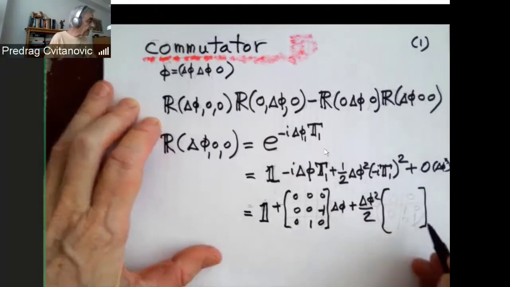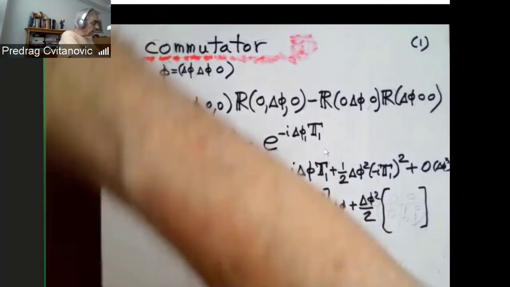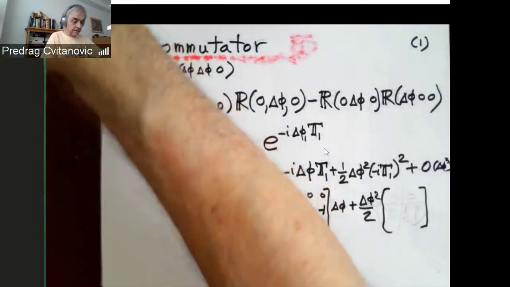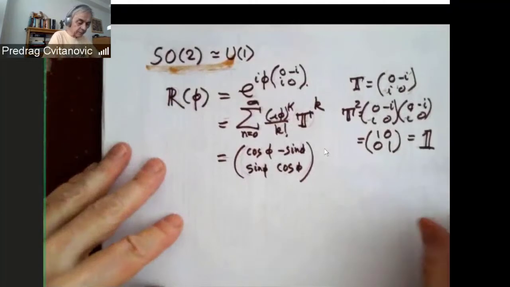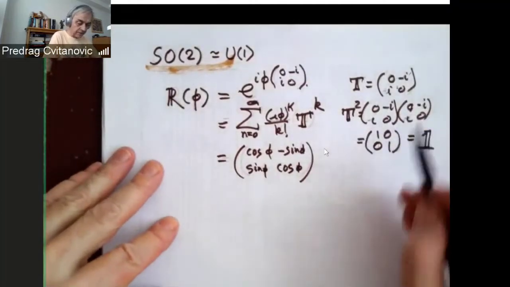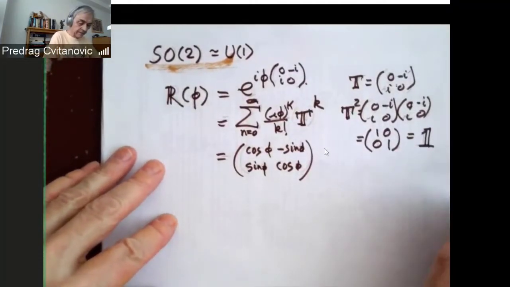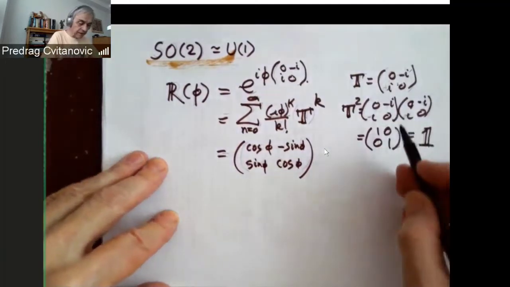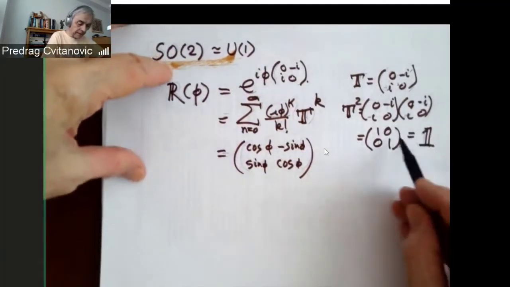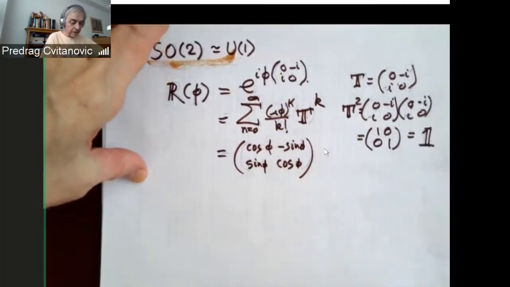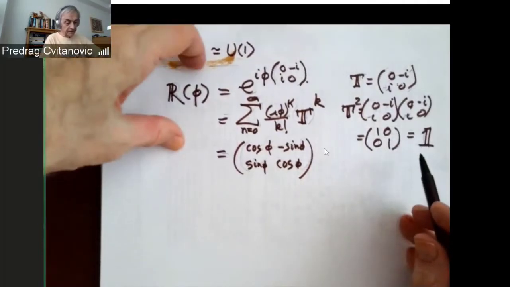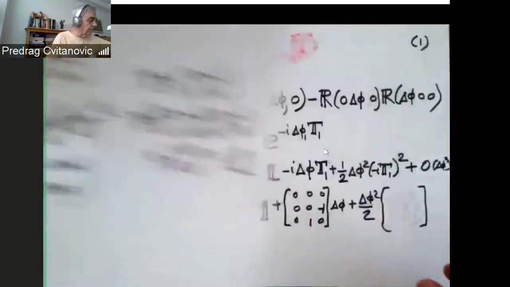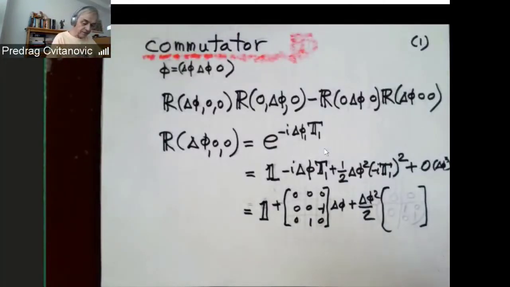inherits the property from two-dimensional rotations. This property here, that when I square the generator I get minus 1, but ignore it for the moment. Squaring the generator of a two-dimensional rotation will also be true when I write it as 3 by 3 blocks with nothing happening in the third direction.